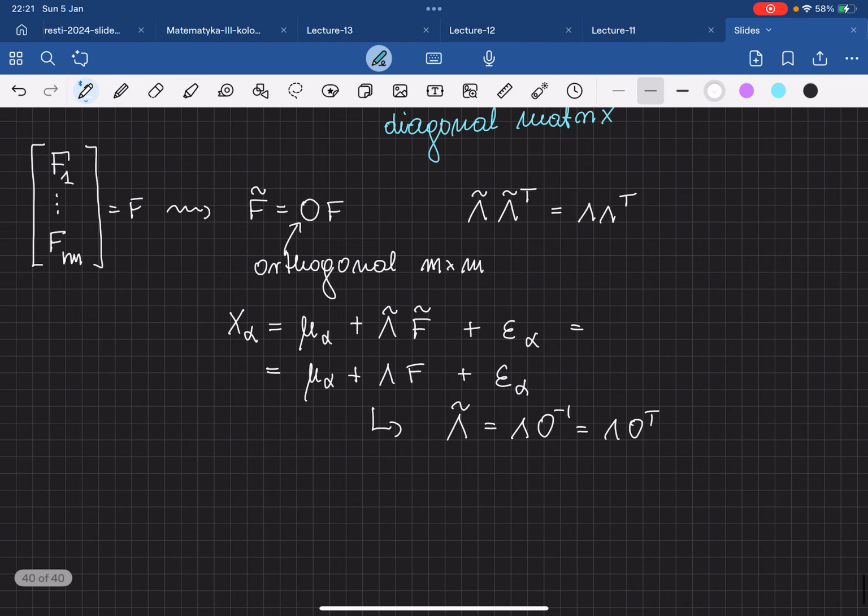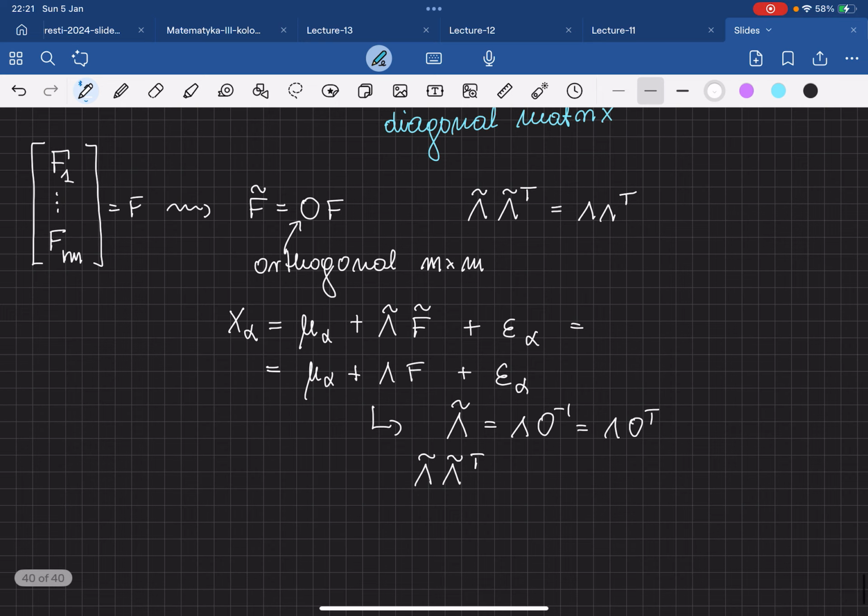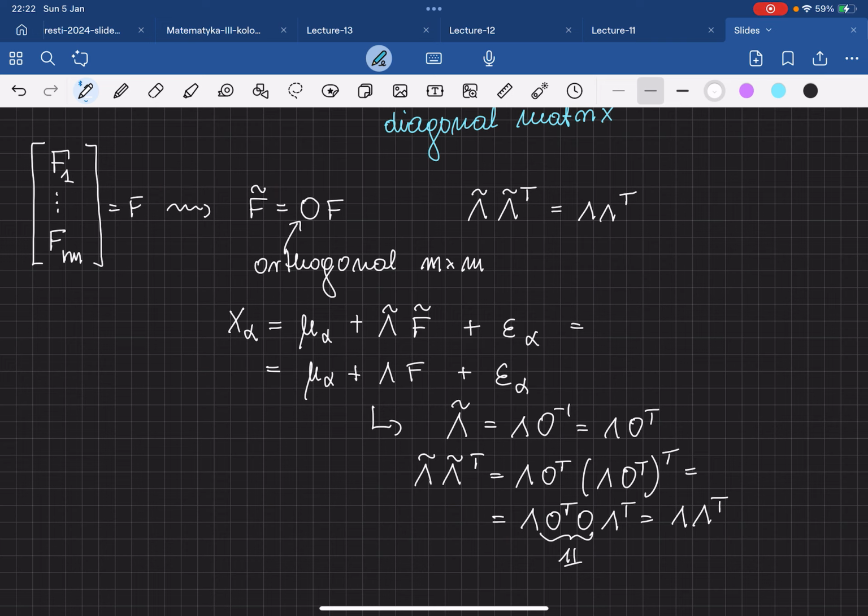Yeah, and then if we calculate lambda tilde lambda tilde transposed, we will have lambda without tilde, O transposed, then lambda without tilde, O transposed, and we see that this is lambda, O transposed, O, lambda transposed, this is 1. Therefore, this is really lambda lambda transposed.